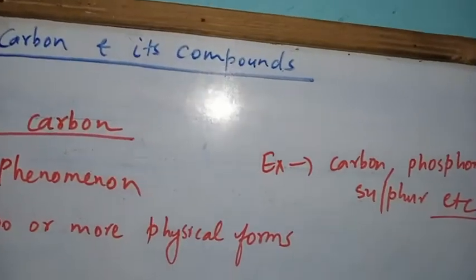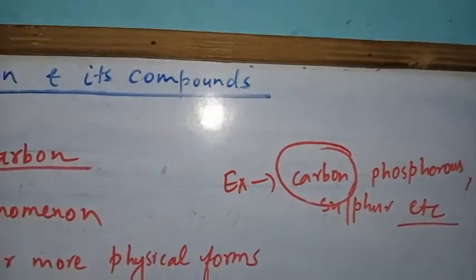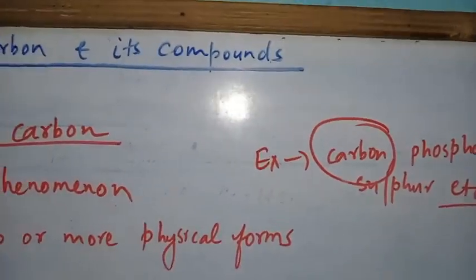So basically in this chapter you have to study about the allotropes of carbon, two or more different physical forms of carbon.